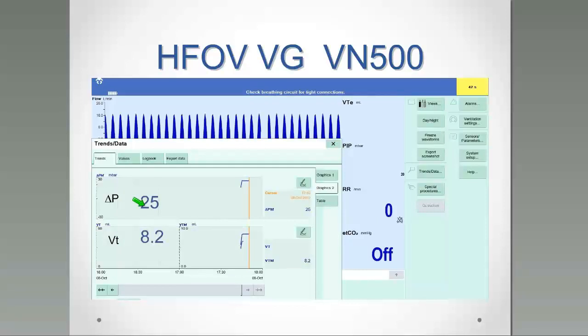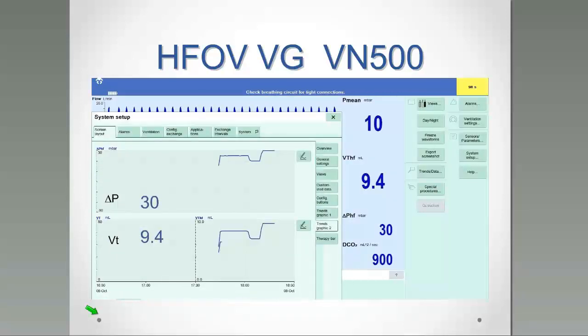Just to demonstrate that any change in delta P is going to be transmitted as a change in tidal volume during high frequency ventilation, you can see how after increasing to 30, the tidal volume increases to 9.4. So small increases in delta P are transmitted as small increases in tidal volume. So we can use delta P to find the target PCO2 that we want. And then we went down again to 25, and again you can see we are at 8.2.